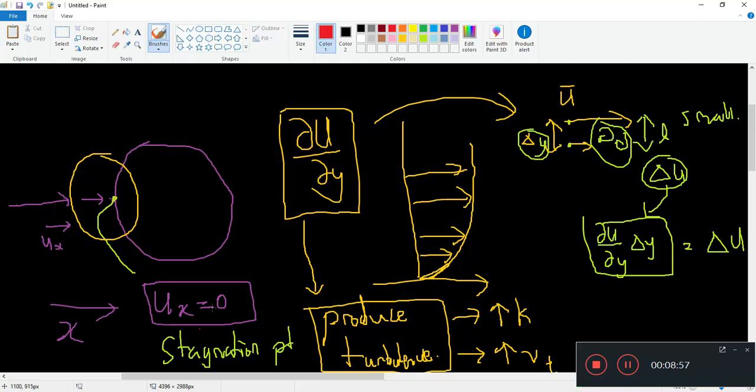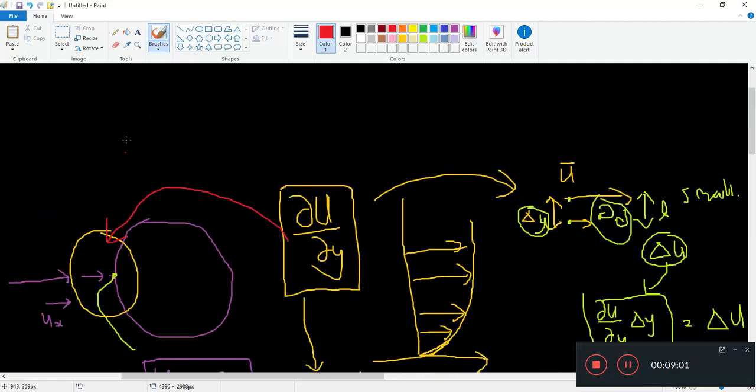However, you would find that this actually over predicts nu t, or turbulent kinetic energy, here. It over predicts turbulence in this region, at least the kOmegaSST formulation of this.